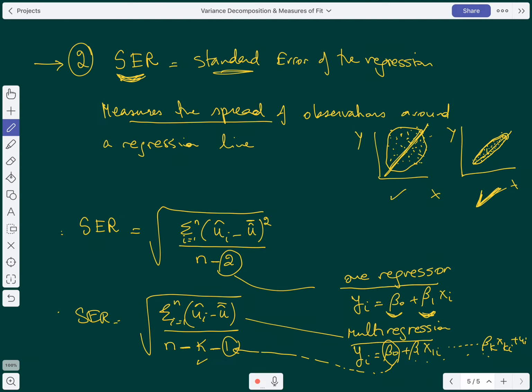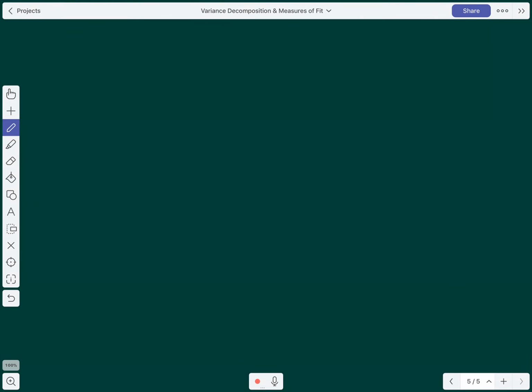What is important in either of these is the following, and this is very important. Let me take the simple case where SER is equal to the square root of 1 over n minus 2, times the sum of i equal 1 to n, u_i hat minus u hat bar, squared, and 2 here because I have just a single regressor. I just want to show you something very important.